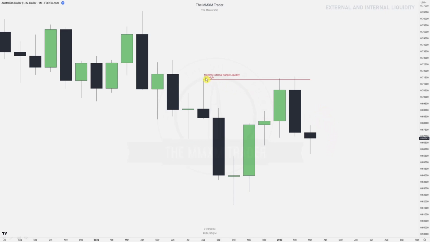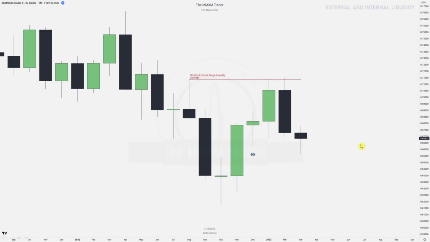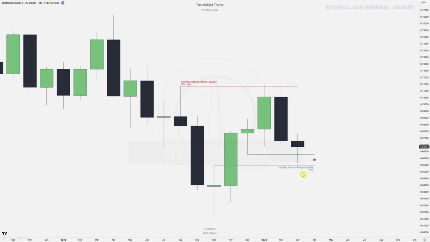So after external gets rated, where do we want to reach into? We can see this imbalance down here, which is a fair value gap. If you looked at this area after we got this external range liquidity rated, you're on the right path. And we can see this monthly internal range liquidity in the form of a fair value gap gets tagged.